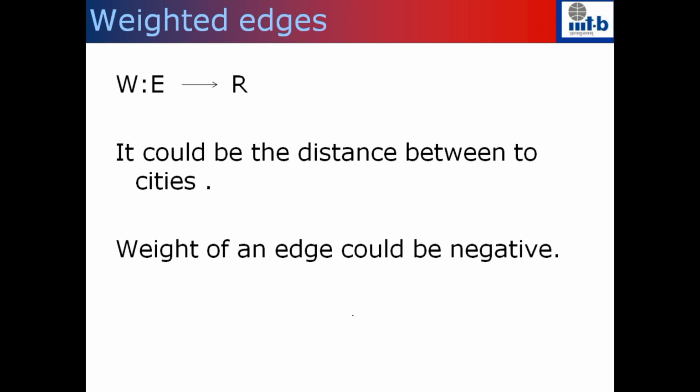In real life examples, if you take the set of vertices as different cities, the weight of the edge between them could be the distance between these two cities, or the cost of flying between them, or if you want to drive from A to B, how much time it takes to drive, or if you want to build a road between these two cities, how much it is going to cost. Depending on the application, these weights will come into the picture appropriately.